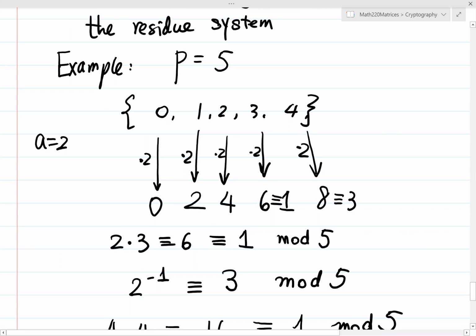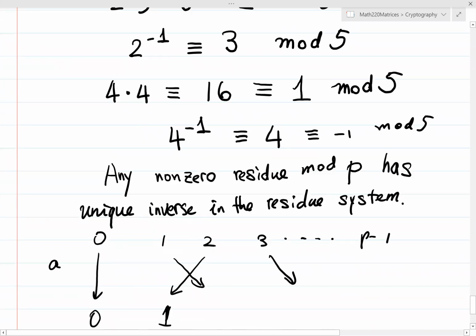Then all the other non-zero residues are just permuted around. You see, multiplication by 2 is a permutation of these non-zero residues.